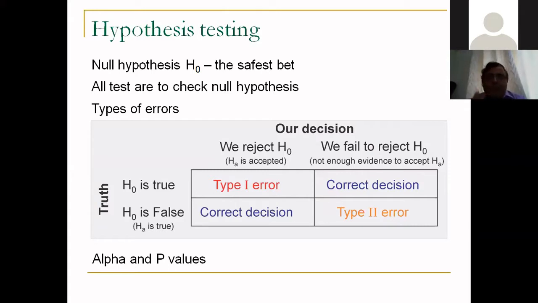That is the safest bet under allometric growth. And then we check the alternative hypothesis, that what if it is not true. In species descriptions, we'll be starting with the null hypothesis that the two organisms belong to the same species, and the alternative hypothesis obviously will be that they do not belong to the same species.